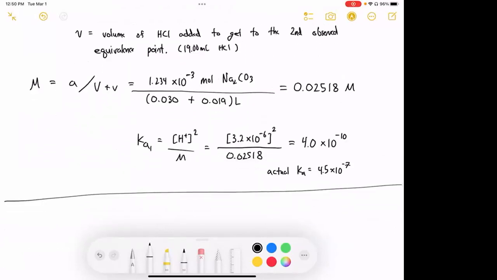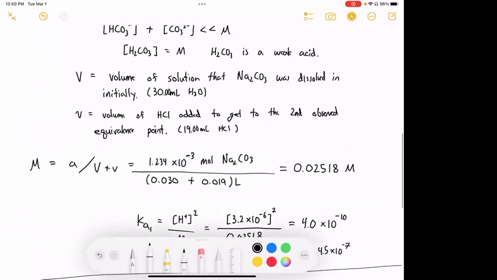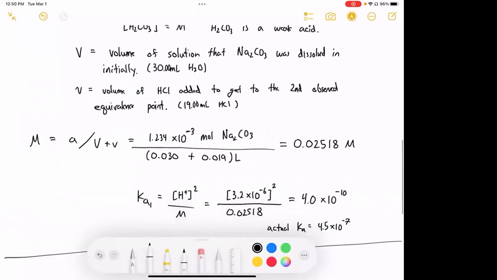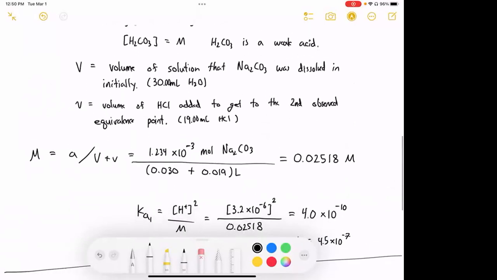And if there are any questions about the derivation of any of these equations we use for Ka1, please just read the beginning of the lab, pages 65 to 68.